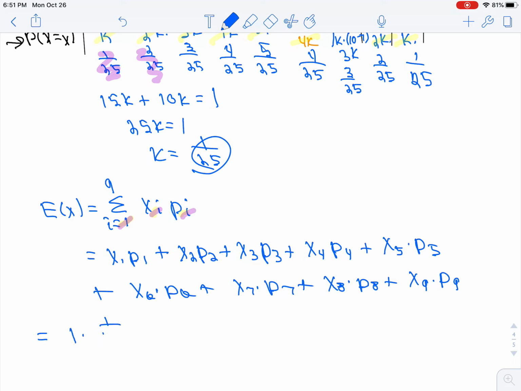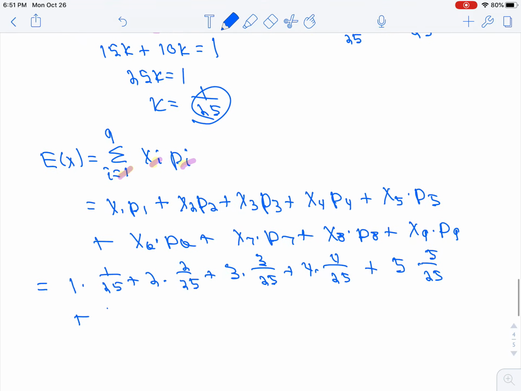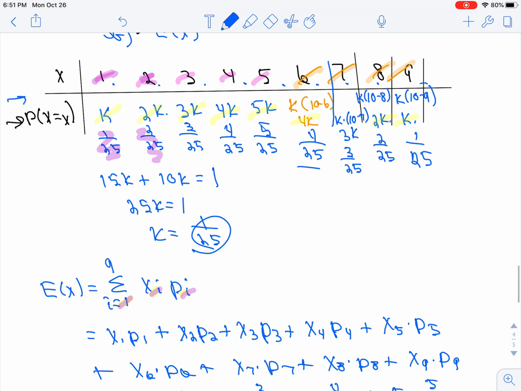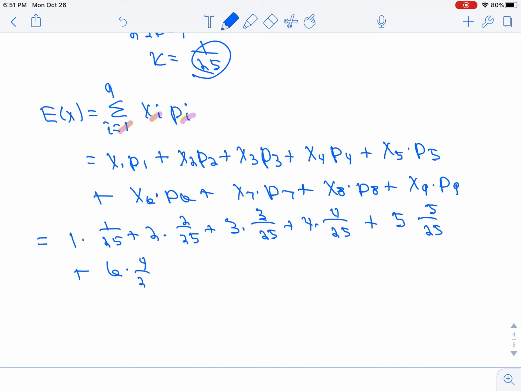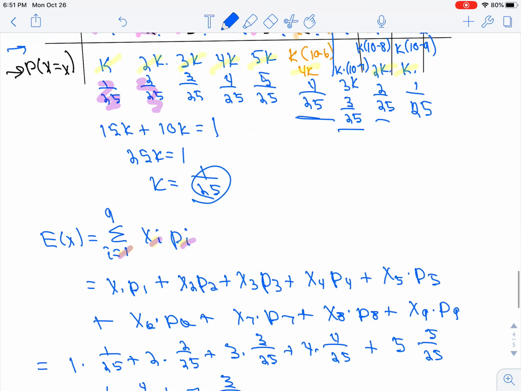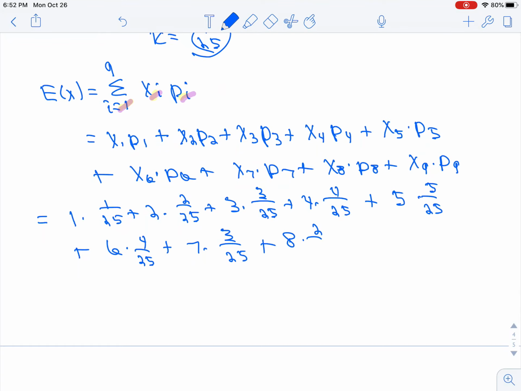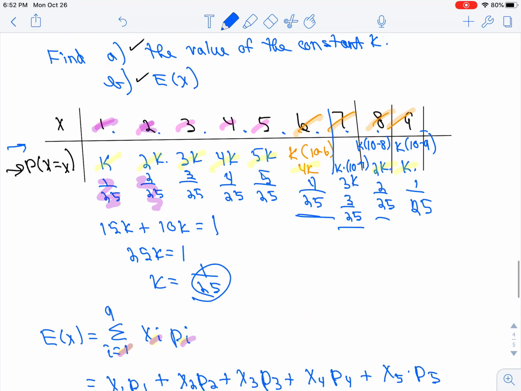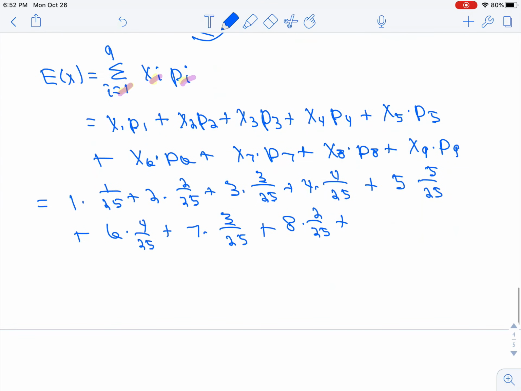So this turns into 1 times 1/25 plus 2 times 2/25 plus 3 times 3/25 plus 4 times 4/25 plus 5 times 5/25 plus 6 times 4/25, so that's right down here, plus 7 times 3/25, again just double checking these, plus 8 times 2/25, plus, and then the last one we have 9 times 1/25.